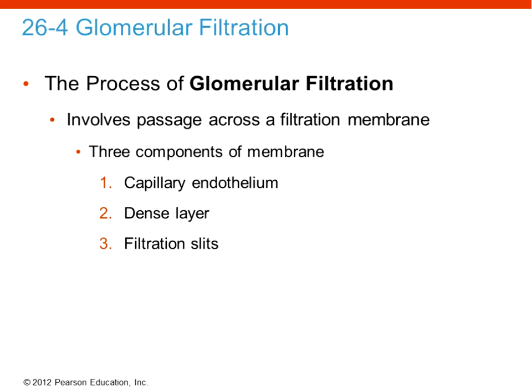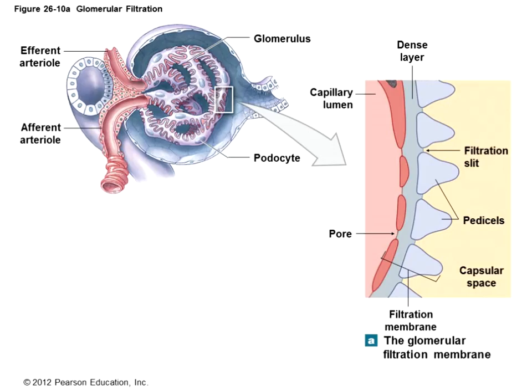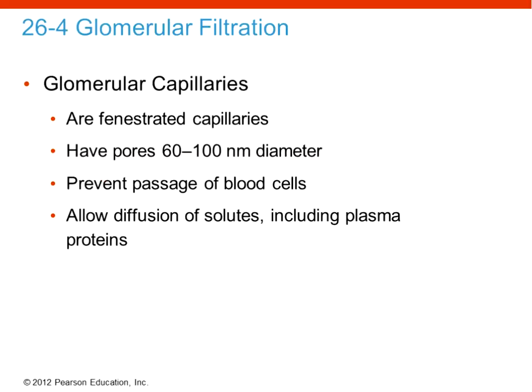To understand that, look at the anatomy of the glomerular filtration membrane: you have a capillary component, a dense layer, and then slits on the membrane itself. Here you can look closely at a section, and you can see this is inside where all the blood is coming, and this is the capsular space. The filtrate needs to pass through these locations into that capsular space, and that's what we want to look at, to see how that happens.